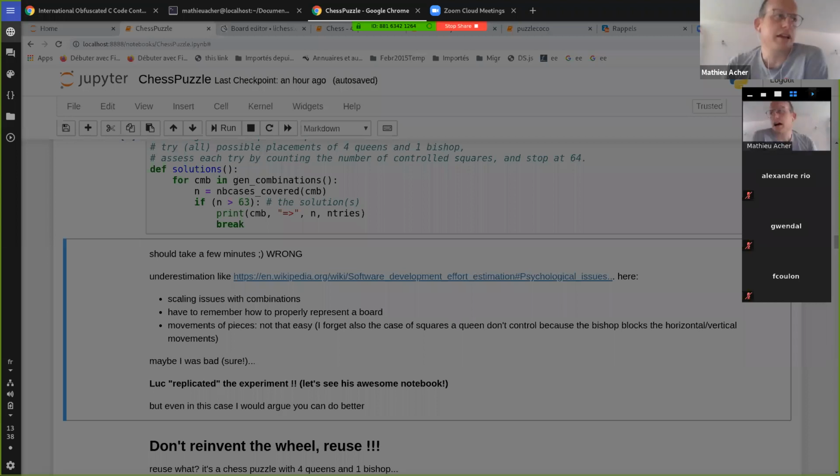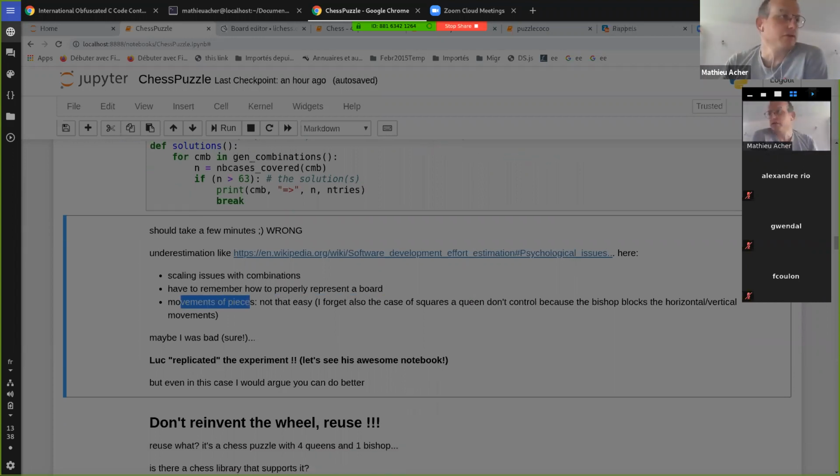So I have some scaling issue with combinations. I overestimate this. I have to remember how to properly represent the board, and I have to hardcode the movement of pieces. It's not that easy because you have to remember the math, and also I forgot the case where the square controlled by a queen is blocked when there is a bishop in between.